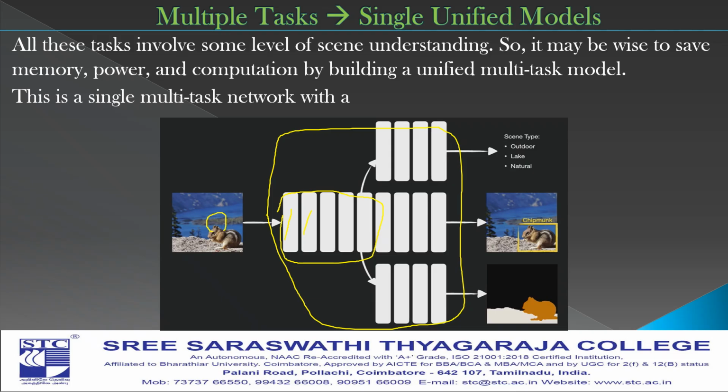Some of the layers are shared between different tasks. So this is one task, this is another task, and this is another task. There are three tasks here, and the first part of the network is common for all the tasks together, and the second part of the network is task specific. In this particular example, there are four rectangles, that is four layers, for task 1, and again four layers for task 2 and four layers for task 3.